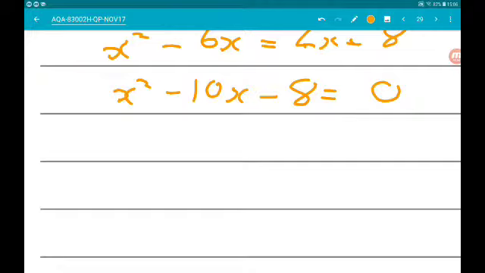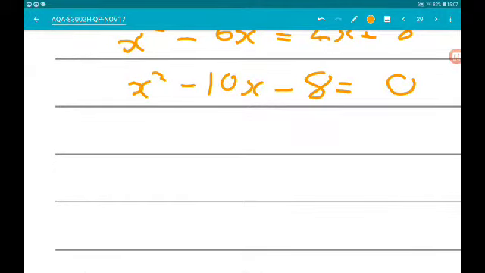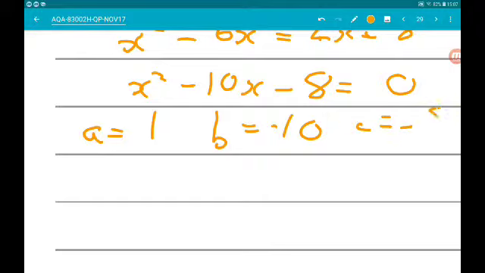Now there's a good clue here that we can't factorise this, and that is that it told us to give our answers to decimal places. So that is screaming either quadratic formula or completing the square. So let's use the formula. So A is 1, B is minus 10, C is minus 8.